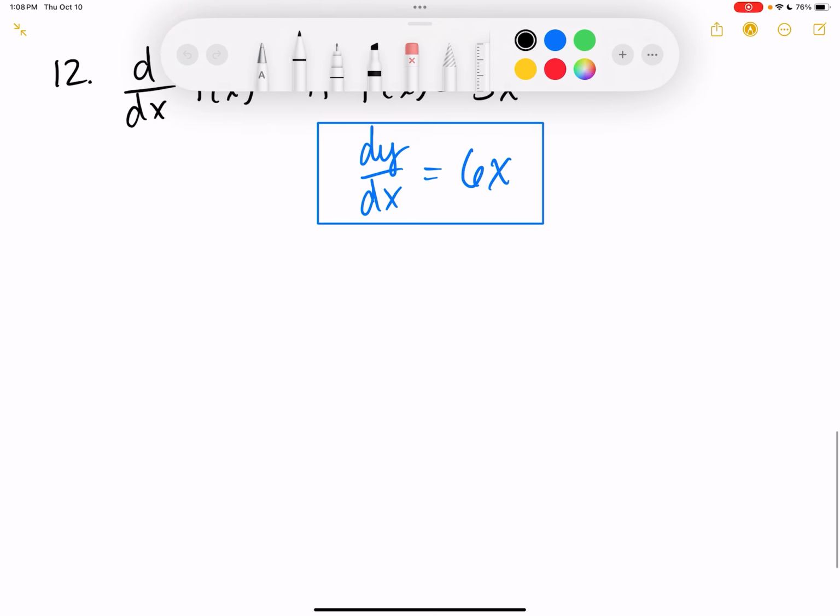So these ones say to find the derivative of the function and use it to find the equation of the tangent line to the curve at x equals 3. So we've got y equals 2x squared minus 13x plus 5, and we're doing it at x equals 3.